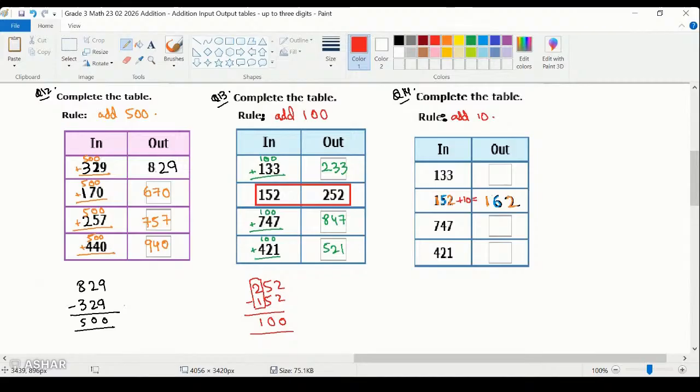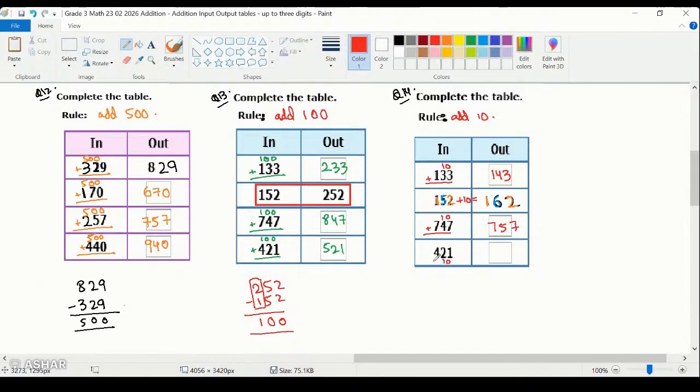Thank you, Millie. So when we add 10 to this, it should become 143. Yes, Emmanuel, it increases by this. 747 plus 10 would mean 757.